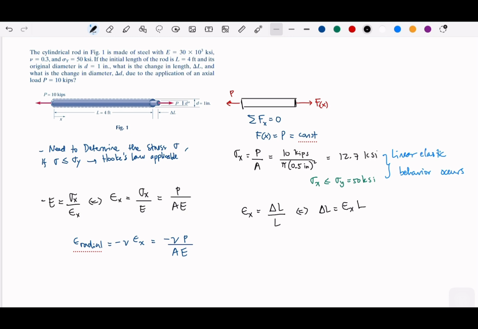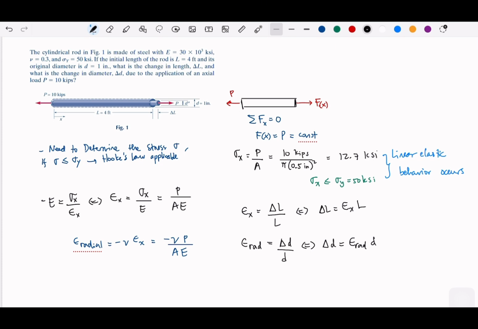And for the delta D, we could also work with the strain radial, which is delta D over D. We need the strain in the vertical, okay? And we can write here the delta D as strain radial multiplied by D. And we get, just put all the numbers, okay?